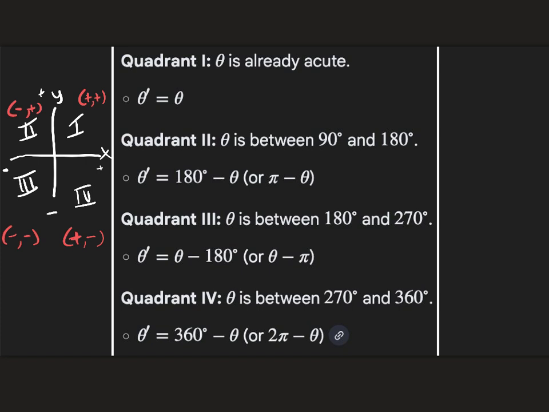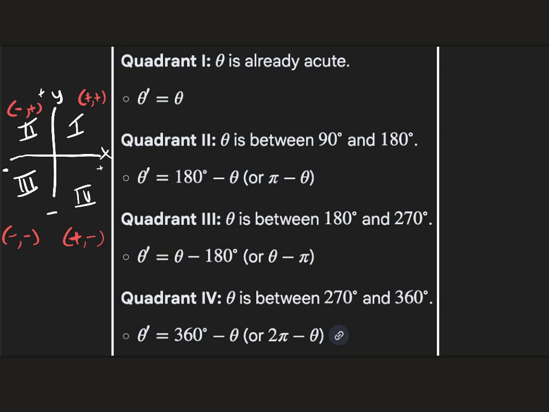So put that in our mind, and these are equations we're going to have to use to find angles. Then you have to know which quadrant our angles are in, so we have to know these in degrees and in radians. If it's 0 to 90, theta prime equals theta.